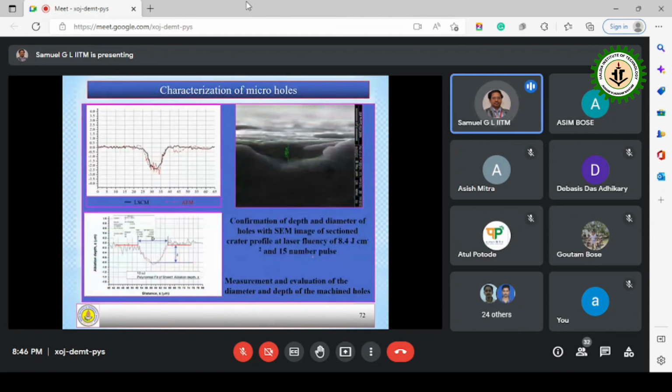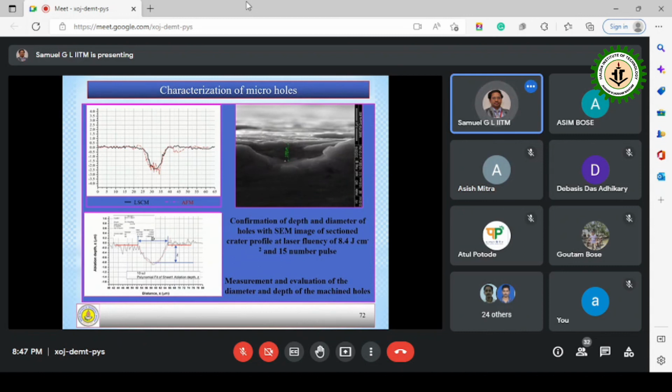Even when we tried to characterize with that, we couldn't exactly get the profile, because when the size is small, the light won't reflect properly and the tip of the AFM will not be able to reach. So what we did is we cut the micro hole in half. We carefully used emery paper, held the workpiece, and slowly removed the material, because the size is only a few micrometers.